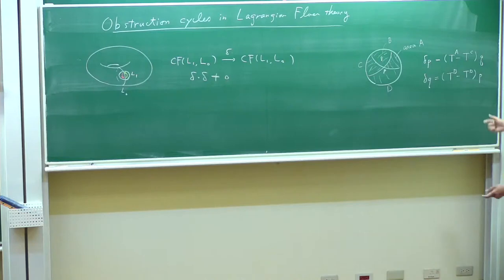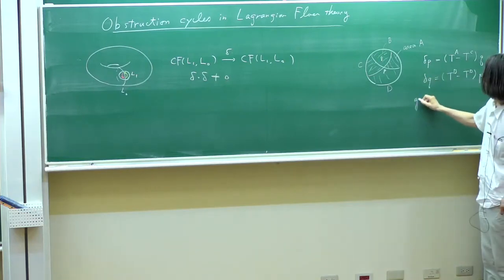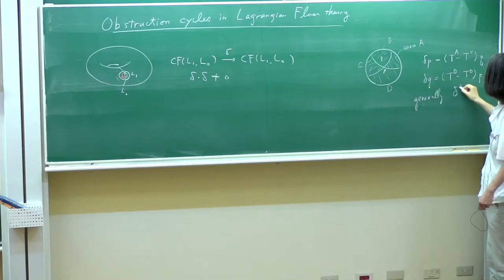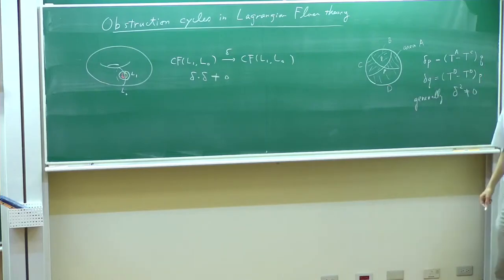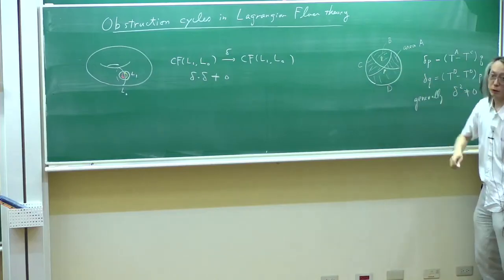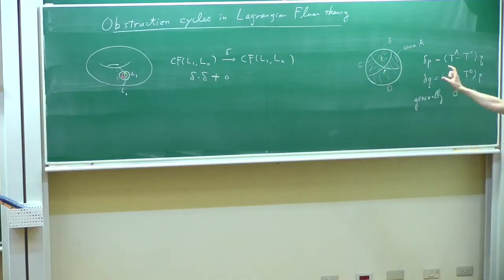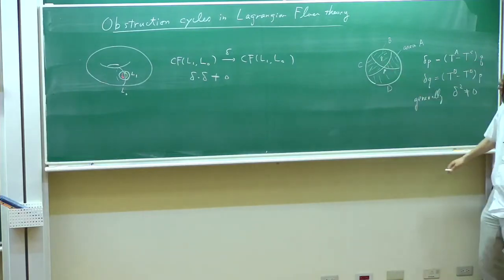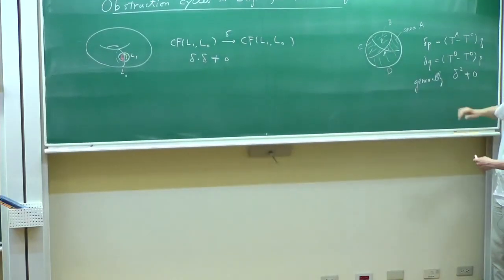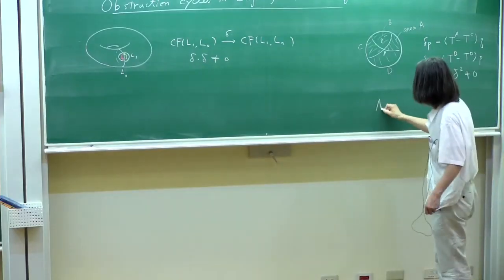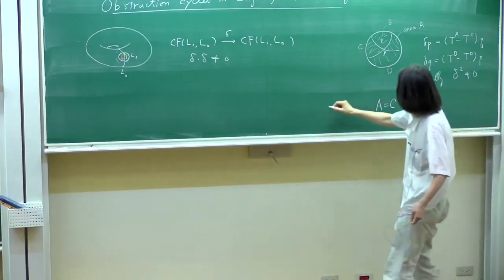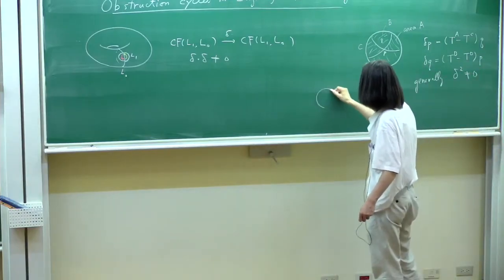And so in general, again, delta square is non-zero, right? So generally, delta square is not equal to 0. But if these two are Hamiltonian isotopic, or maybe just related by an area preserving diffeomorphism, so if A equal to B, so A equal to C, say, so maybe I just write a picture like this.